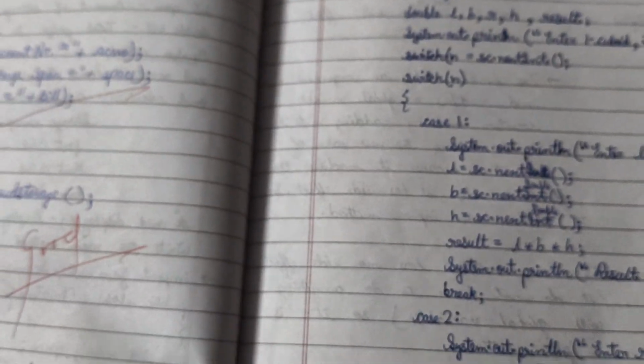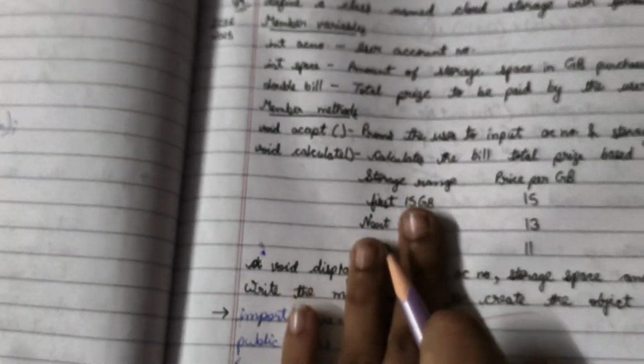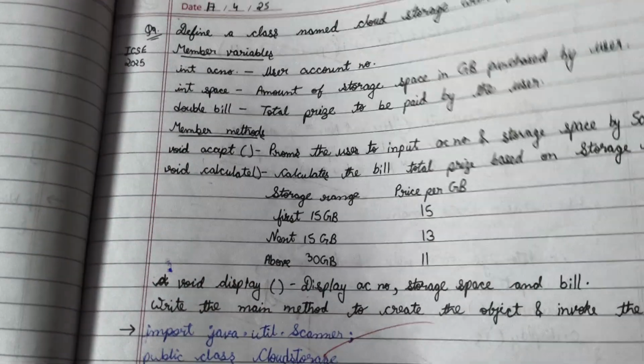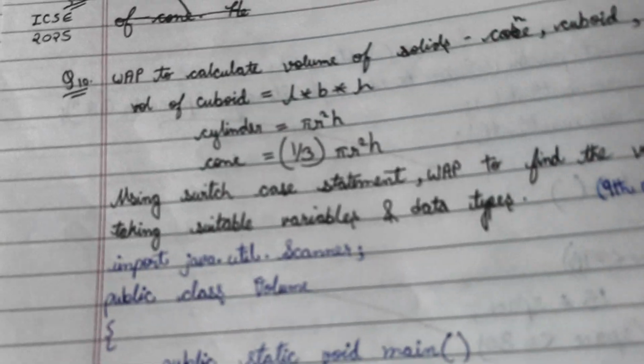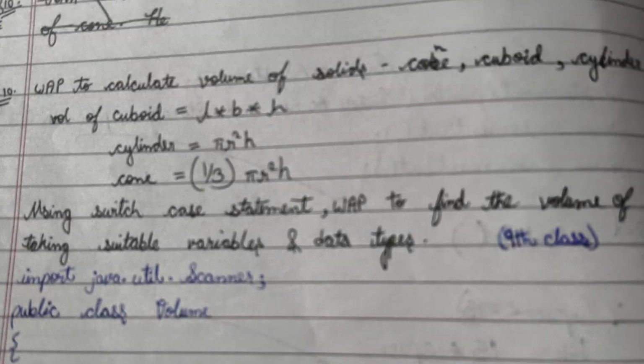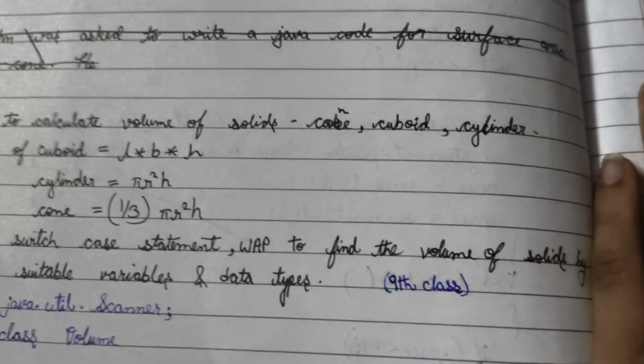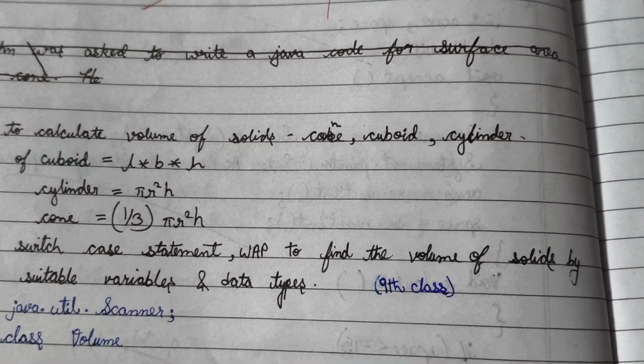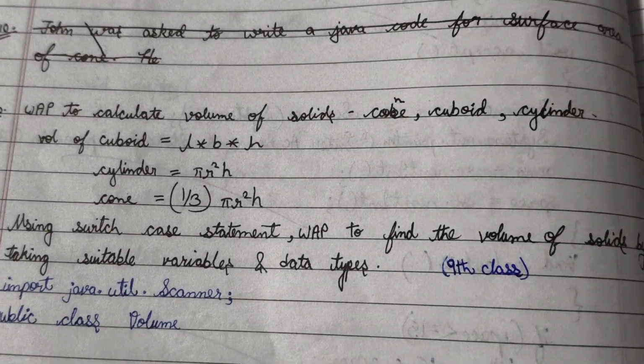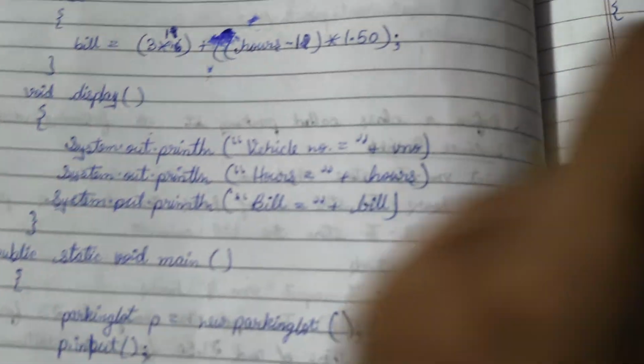I am just giving you a few questions to do. This I have already explained in the class, so you must do this one. You just take a screenshot and solve this question, and if you want the solution, it is of class 9th. I am giving it to you to revise your concepts. First of all, you should do this.